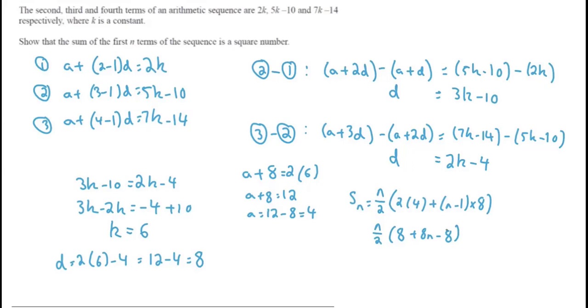From here then, 8 minus 8 cancels, leaving us with just n over 2 lots of 8n. Times them together, 8 divided by 2 is going to be 4. n times n is n squared. I can see here from the square that it is a squared term, but just to absolutely show it, we want to say that that's the same as 2n all squared. So whatever n is, the sum total gets squared. It must be a square number.